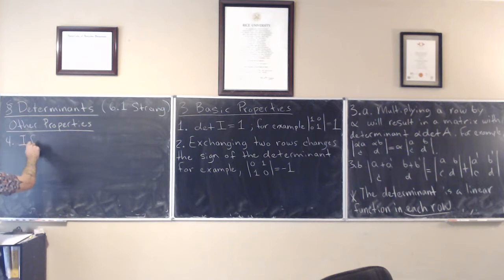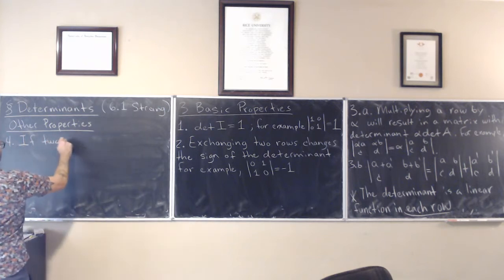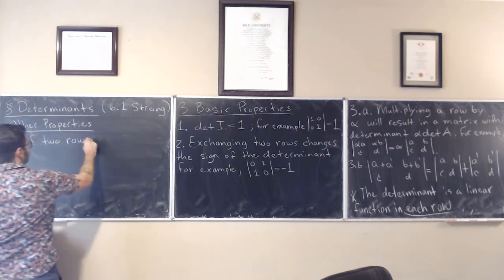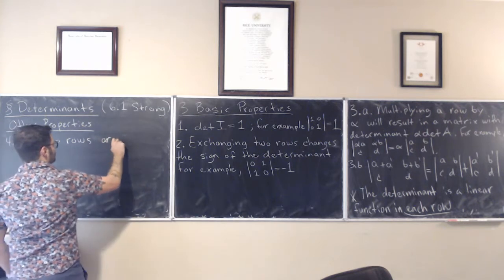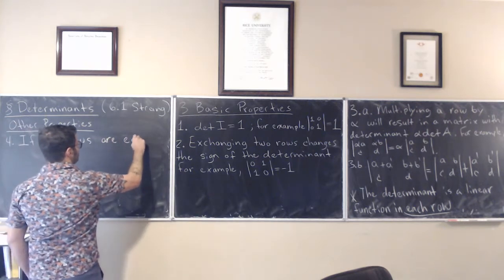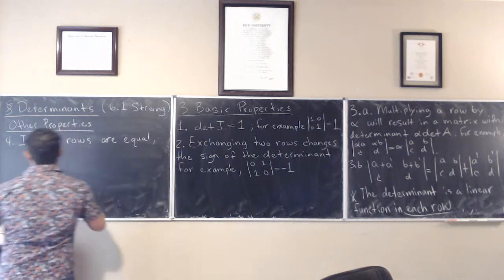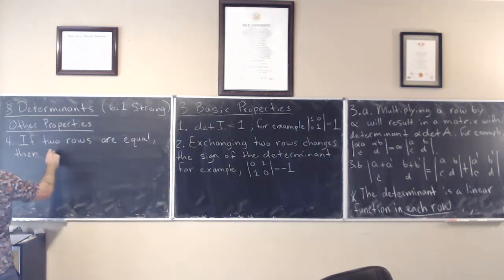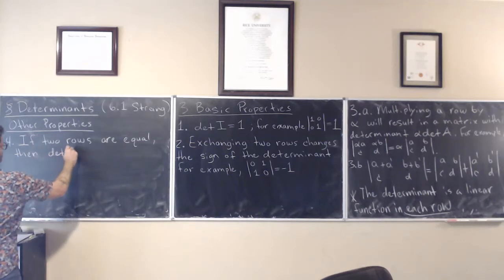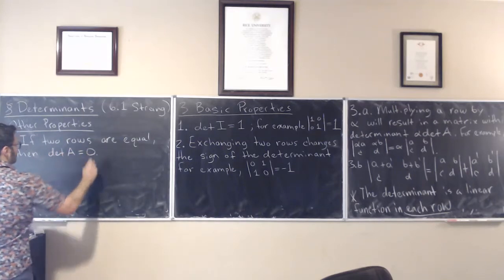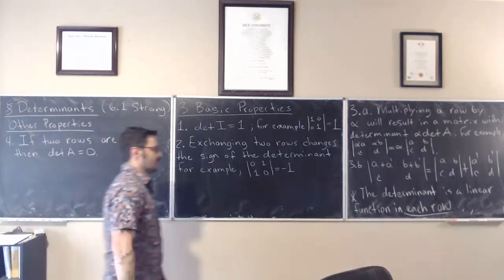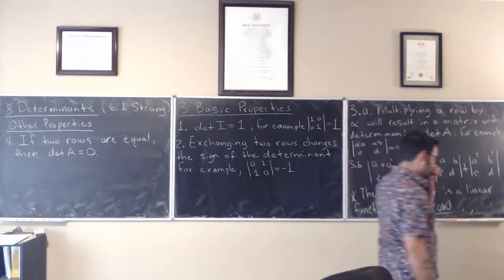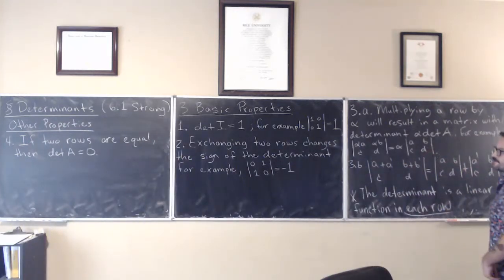And this says that if 2 rows are equal, then the determinant of the matrix is equal to 0. So if 2 rows are equal, the determinant is 0.